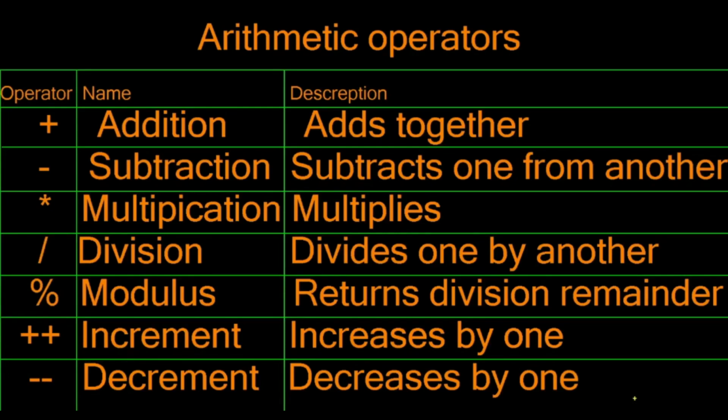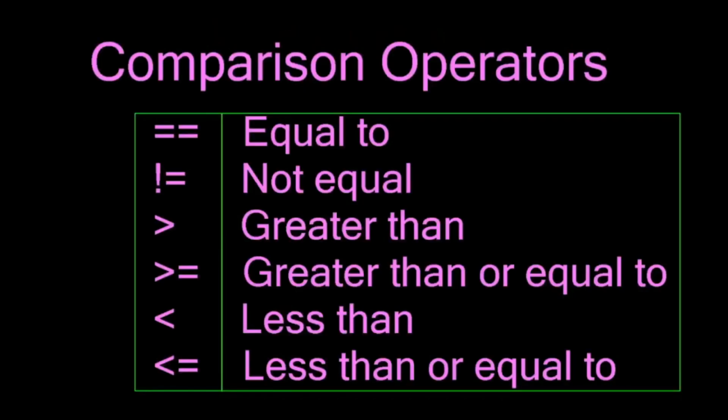Now let's continue with the other type of operators. Now we have the comparison operators. And here the first operator is this, which means equal to. Is it equal to?